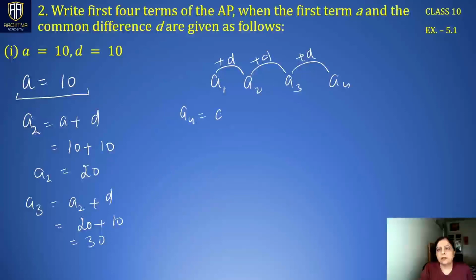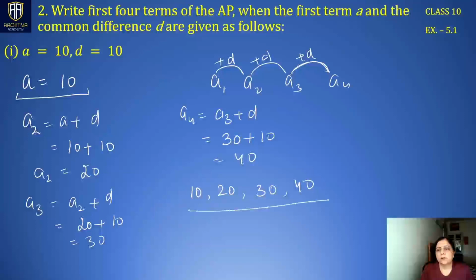A4 is A3 plus D. This is 30 plus 10, 40. Right? So the sequence is given as A1 is 10, A2 is 20, A3 is 30, and A4 is 40. Right? This is a sequence. We can put a comma and then the sequence goes on like this.